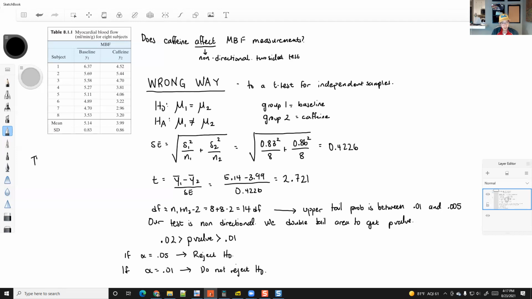So this approach is wrong. We're treating the two groups as just independent, but they're not. Each measurement is actually related to the other.